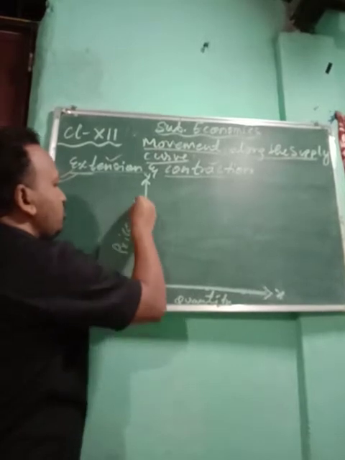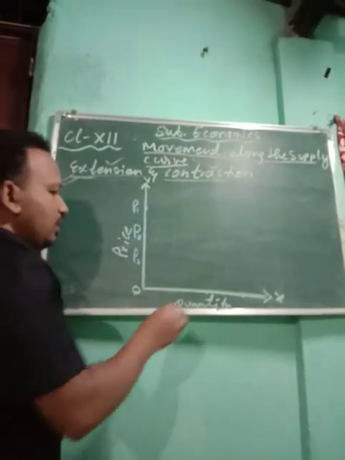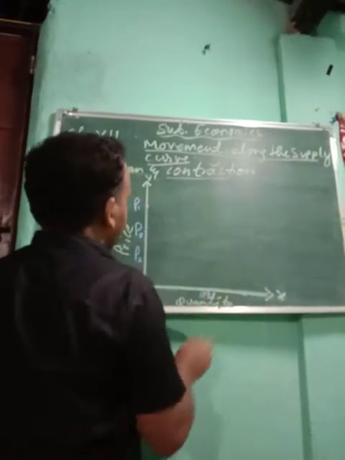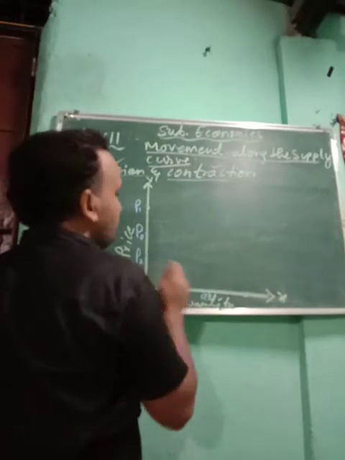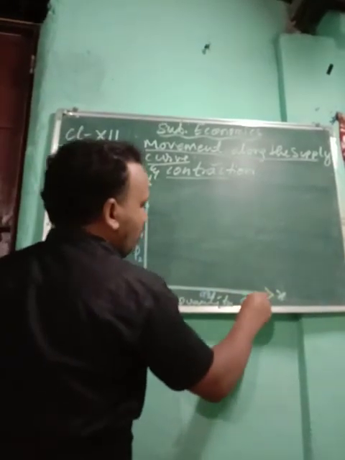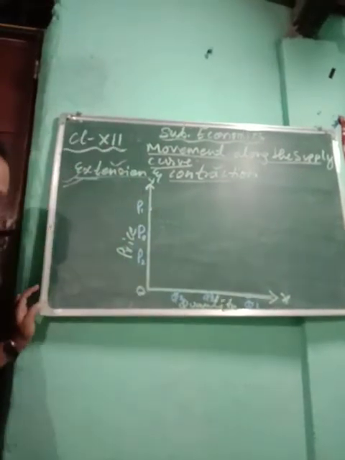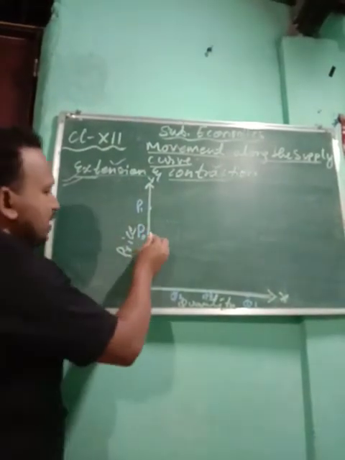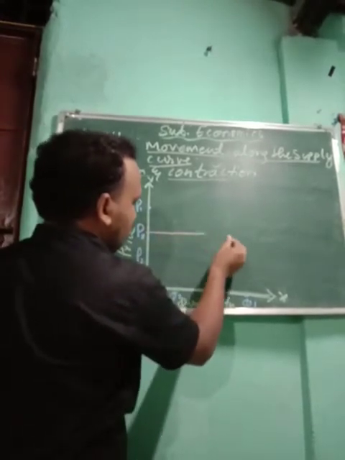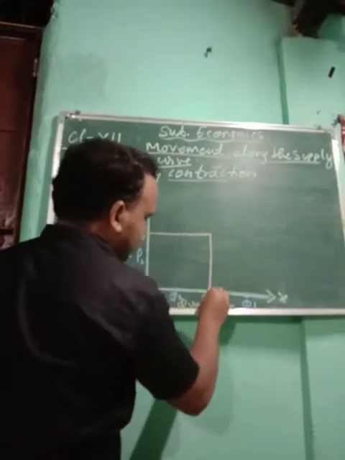Okay, so P0, P1, P2. This is P0, so naturally this will be Q0. This is your Q1 and this will be your Q2. Now the middle one is the base, so when the price is P0, naturally your supply will be Q0.